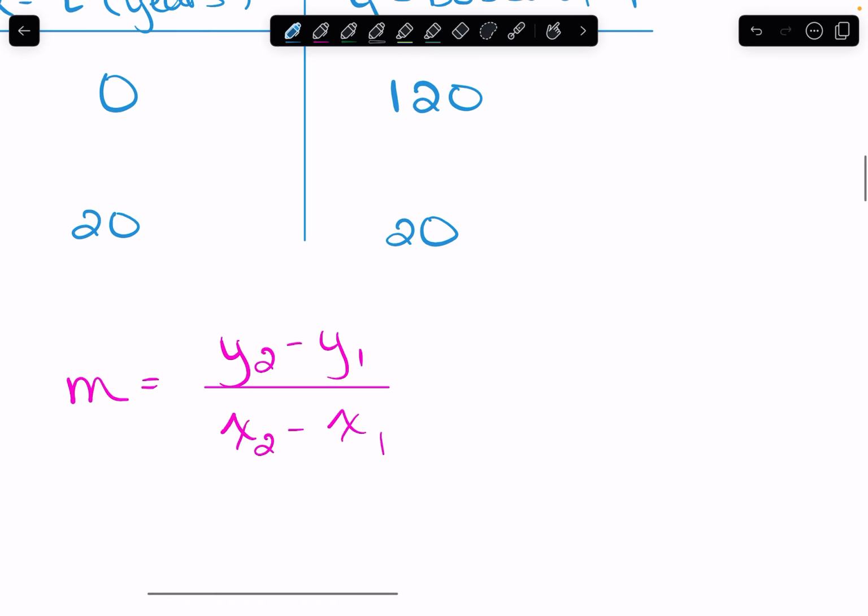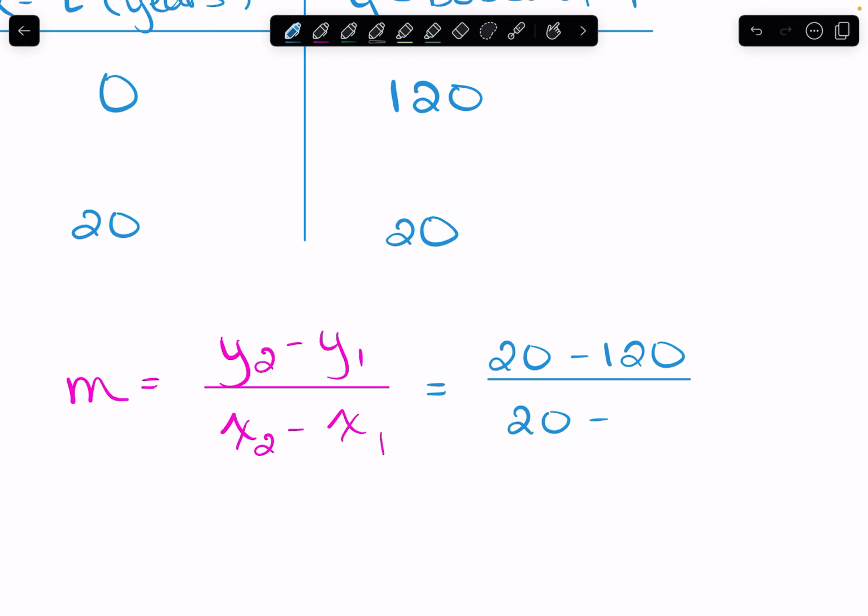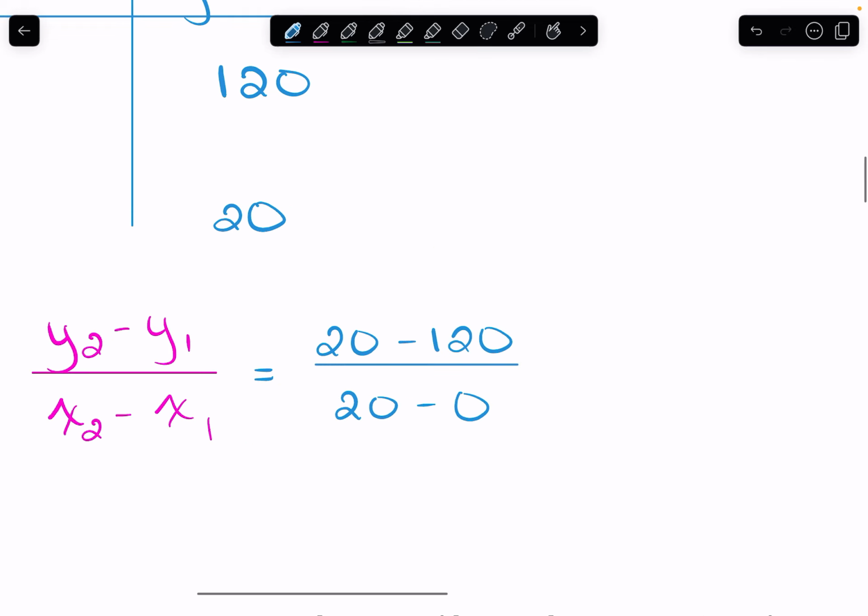So our slope is going to be y2, 20, minus y1, 120, over x2, 20, minus x1, 0. Depending on how comfortable you are doing your math, do your division. We take the difference in the numerator, the difference in the denominator, and then divide the two. When we divide the two, we get -5.